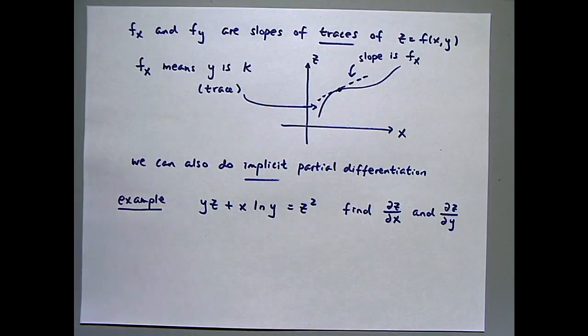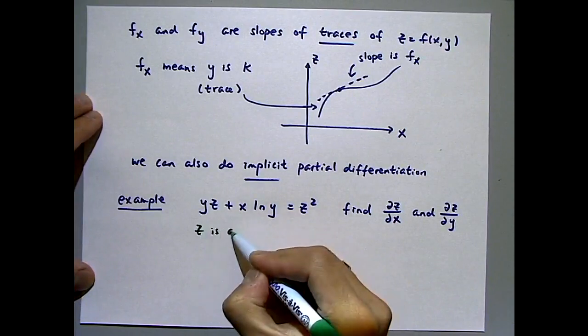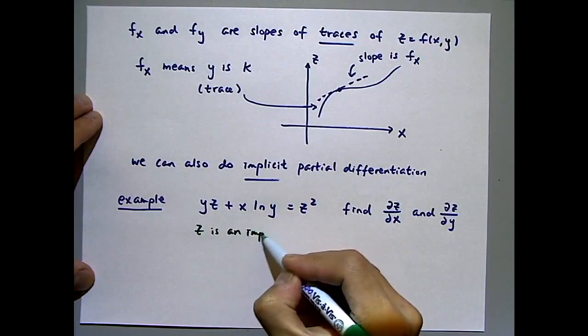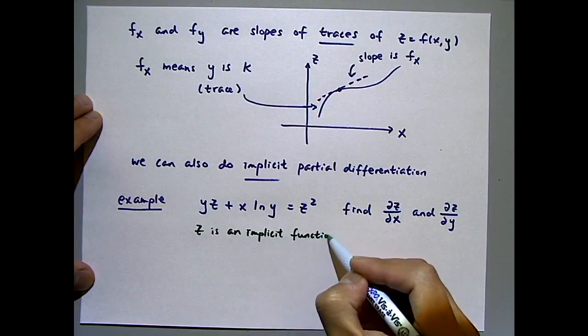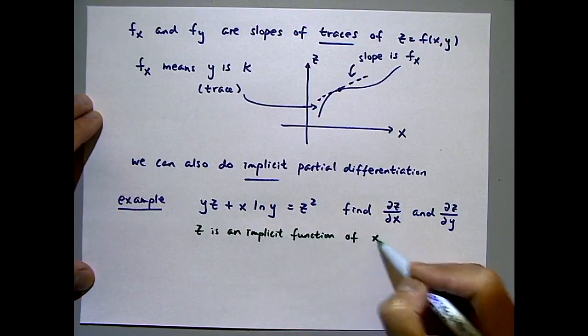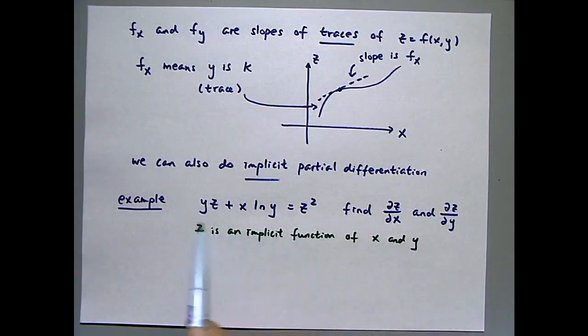Okay, let's do a quick review of that. The thing to keep in mind here is that z is an implicit function of x and y. Notice that in this equation, we could never isolate z by itself.